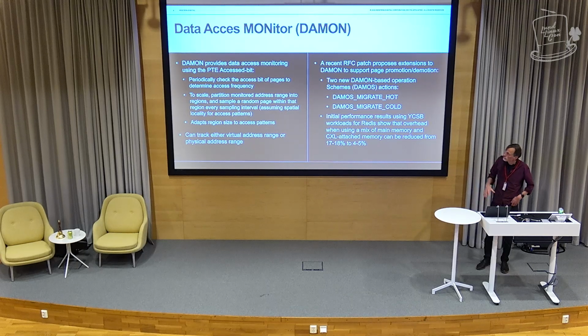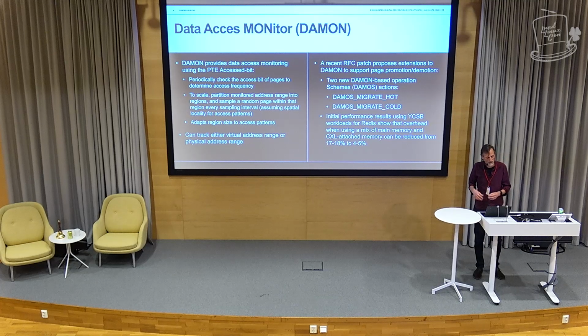Another potential way to control this is using the data access monitor. It works a little bit differently. Looking at memory still, it uses the data access bit of the page tables, and then periodically checks pages to determine the access frequency.